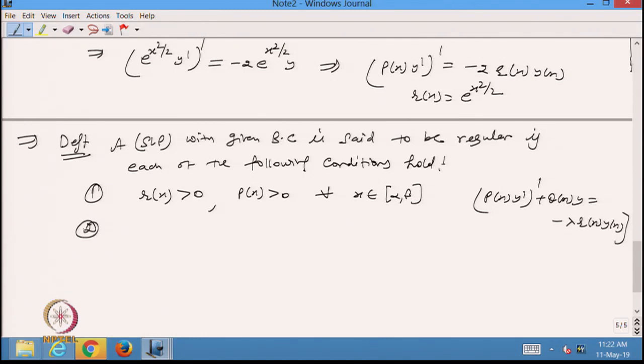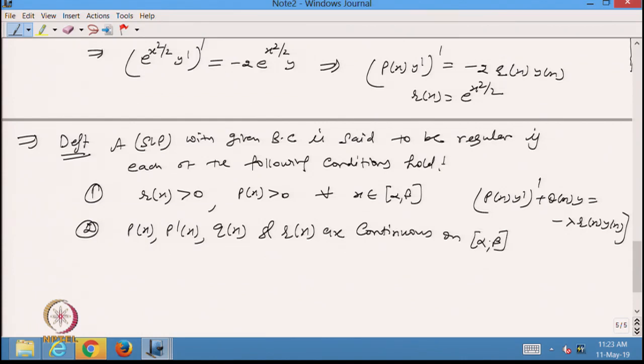The second one is that p(x), p'(x), q(x) and r(x) are continuous on the given interval (alpha, beta).